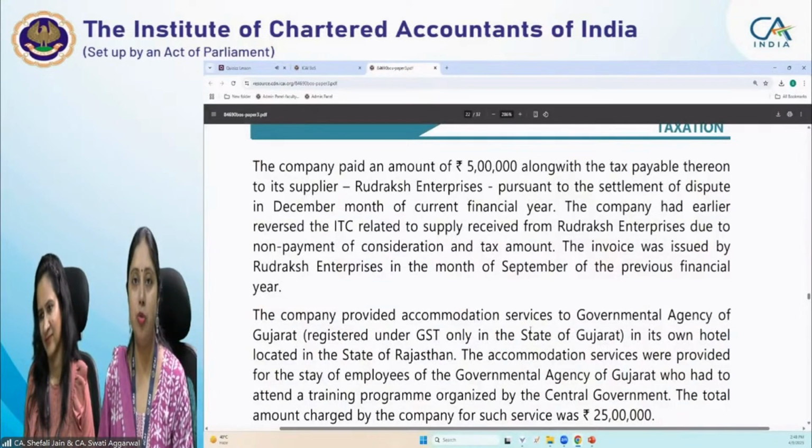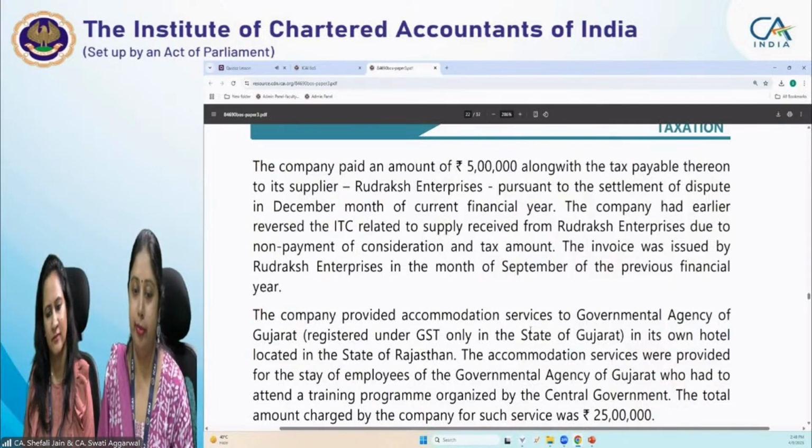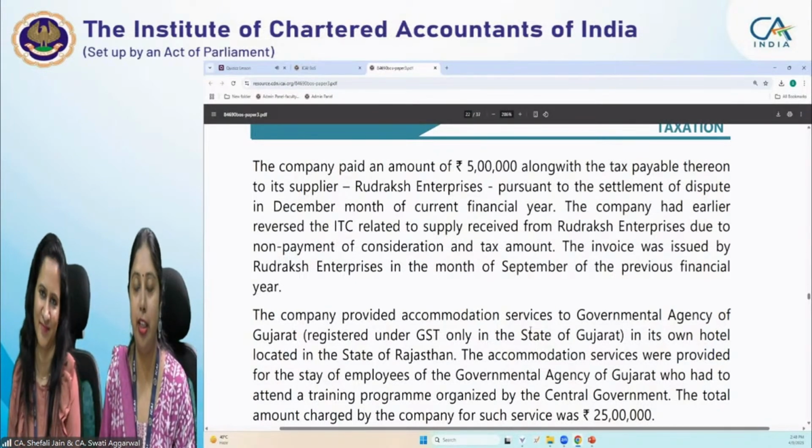We once again came to the information which is required for answering this question. So now the countdown has begun, and I hope you are answering this question. In fact, a hint is there. It is related to somewhere reversal of ITC, but on account of non-payment of consideration and tax.